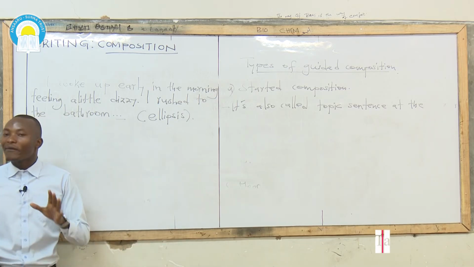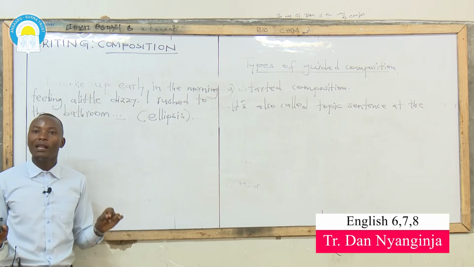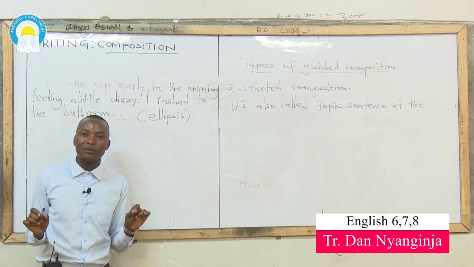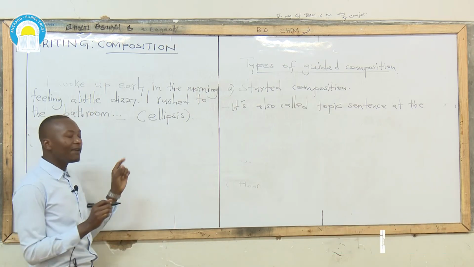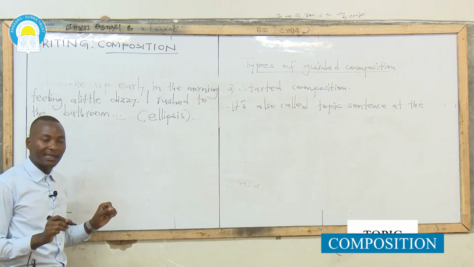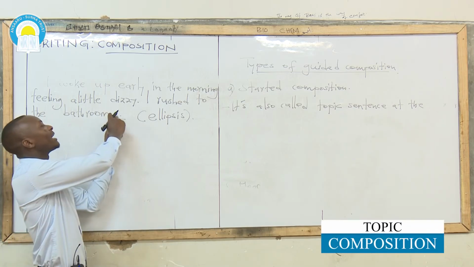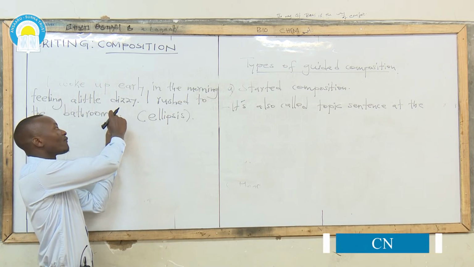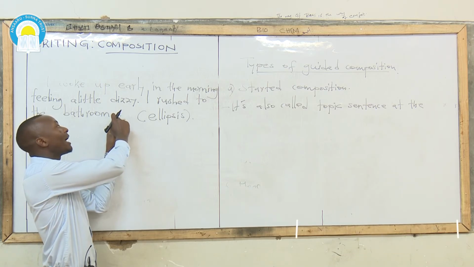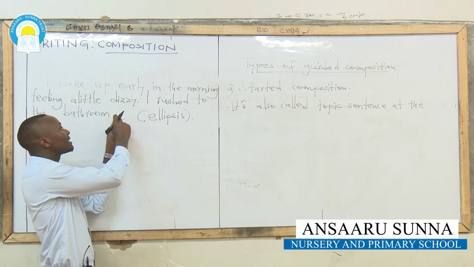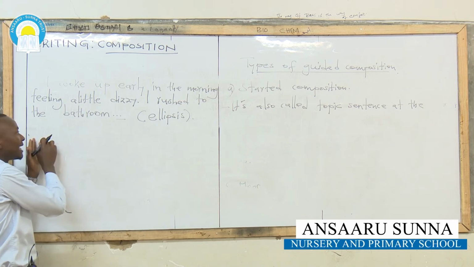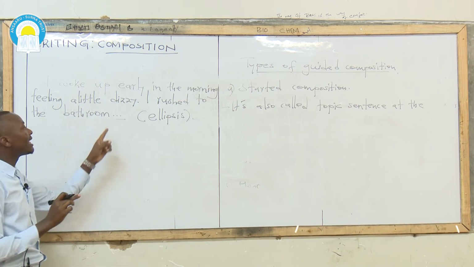Now, when writing this composition, first of all, I want you to know this, student, that if you've been given this composition to continue writing, please start from here. Attack this composition from here, exactly where the dot is. Most students leave the dots and then begin the composition on the next line. That is a mistake. Begin the composition here.